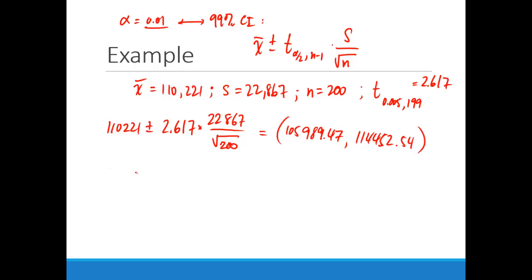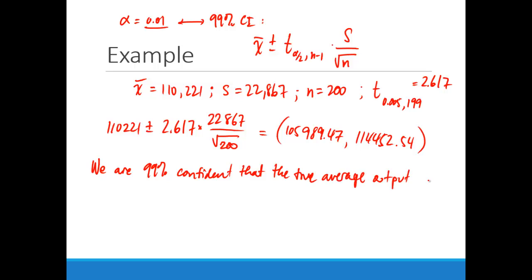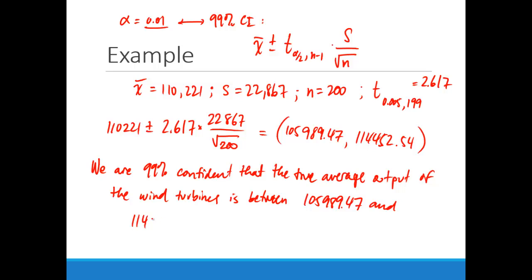So again, our usual way of saying this is we are 99% confident that the true average output of the wind turbines is between 105,989.47 and 114,452.54.